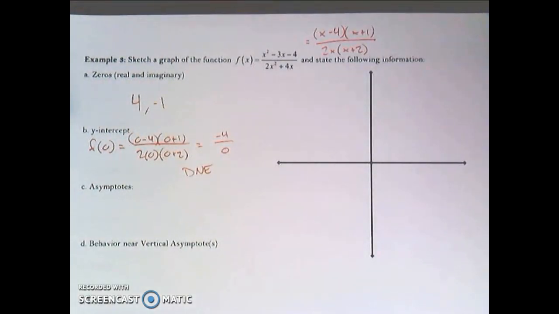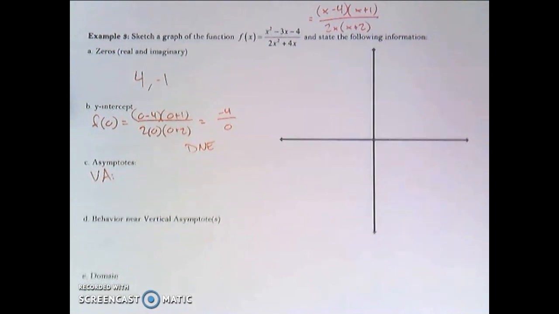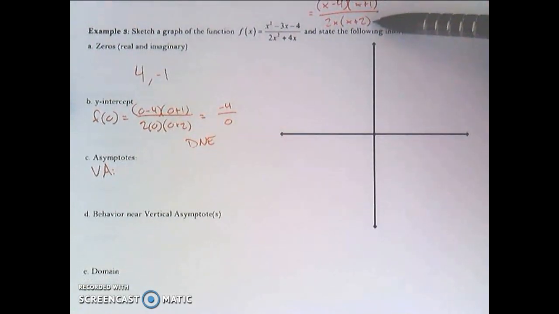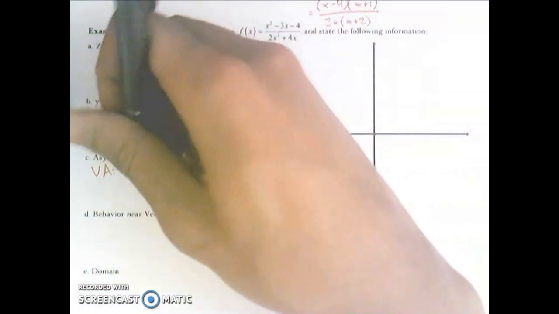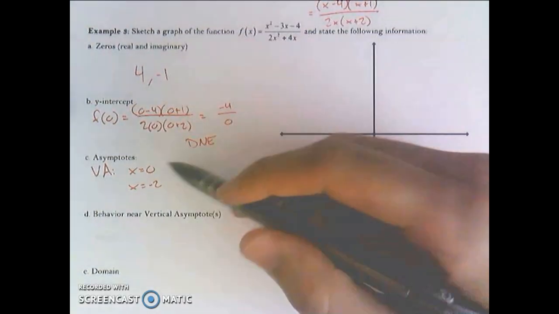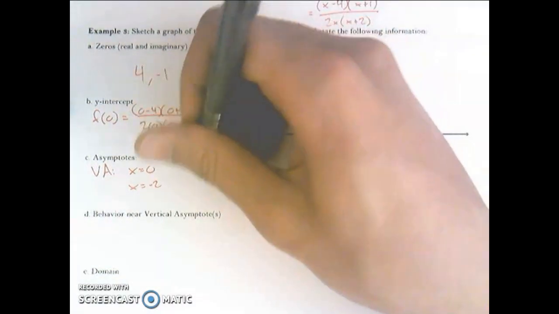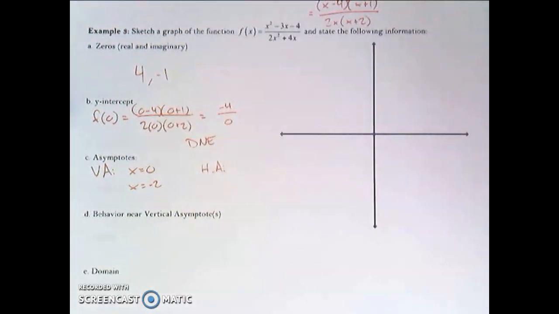We know this from the asymptotes. So the vertical asymptotes is where the denominator equals 0. Well, using the zero product property, we find that that is at x equals 0 and x equals negative 2. So that's why we don't have a y-intercept, because we've got an asymptote at x equals 0. To find our horizontal asymptote, we look at the degree.